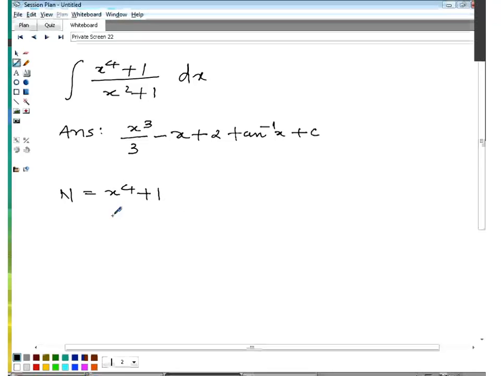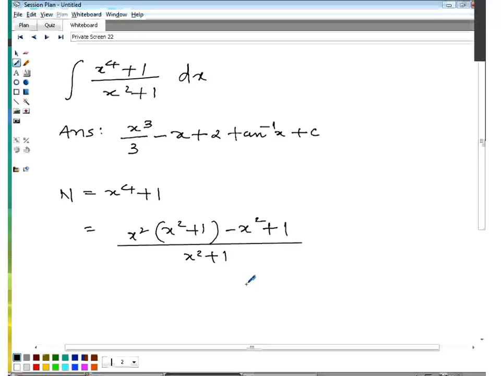A very effective approach generally. x to the power 4 minus x square, alone is not there. So minus x square, then copying that one as well, then dividing by x square plus 1.